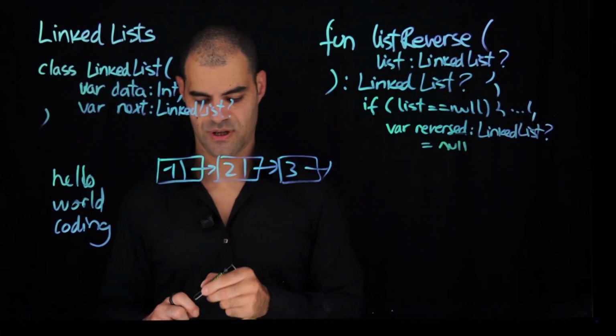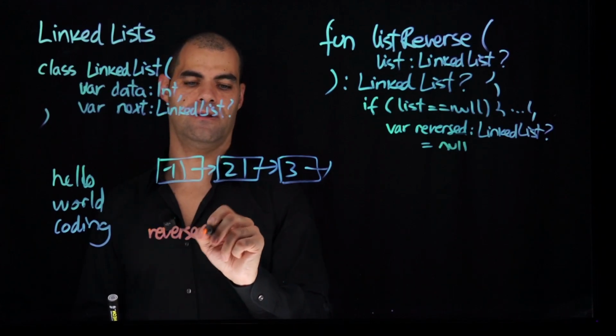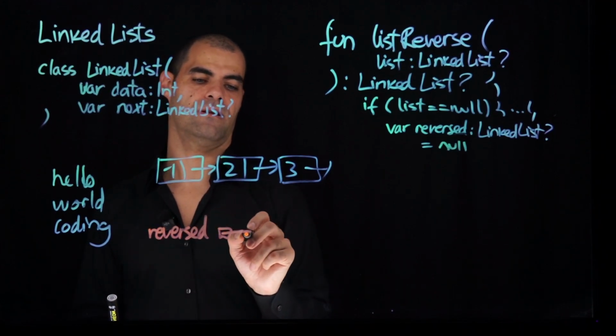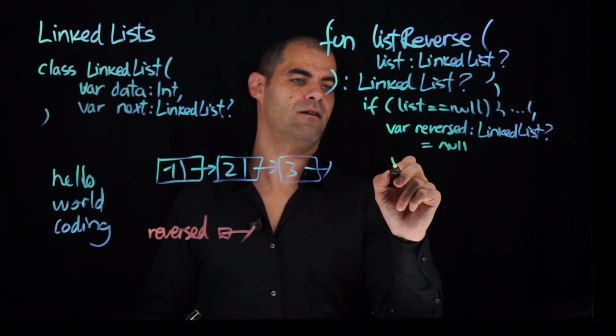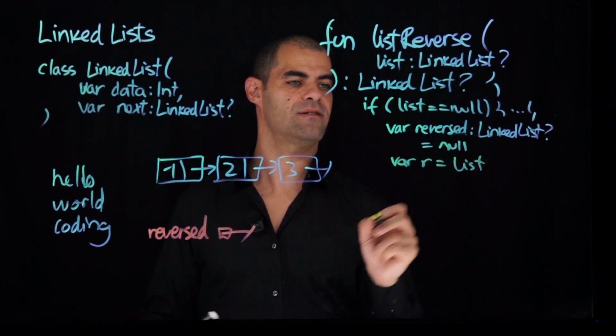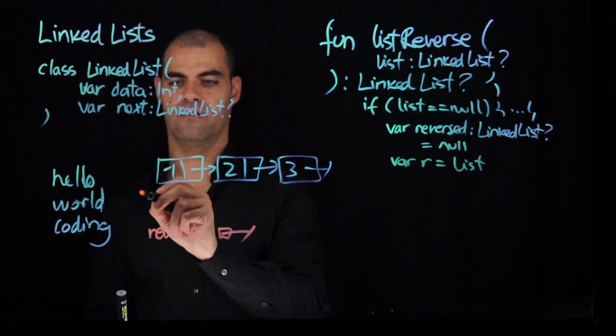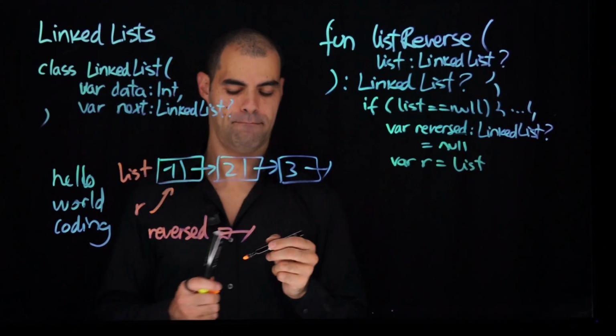Null. So this will become like this. Reversed will be a list that is empty. And now we have our var r equals list. So the usual pattern. Here is our list, and our r points here.